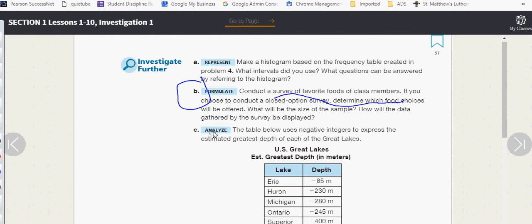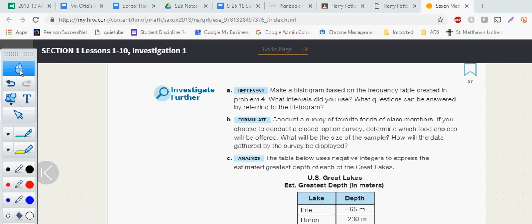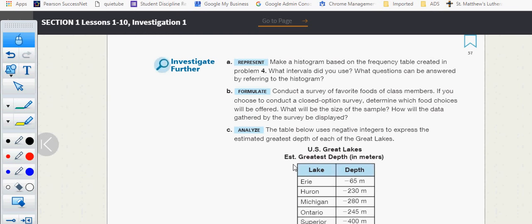If you choose to conduct a closed option survey, you have to determine which food choices they can choose. If you want to make it open, you have to be prepared for a lot of different things. I recommend using the closed option, okay, so that you can't get too many and maybe not have any duplicates and then have very difficult data to create.